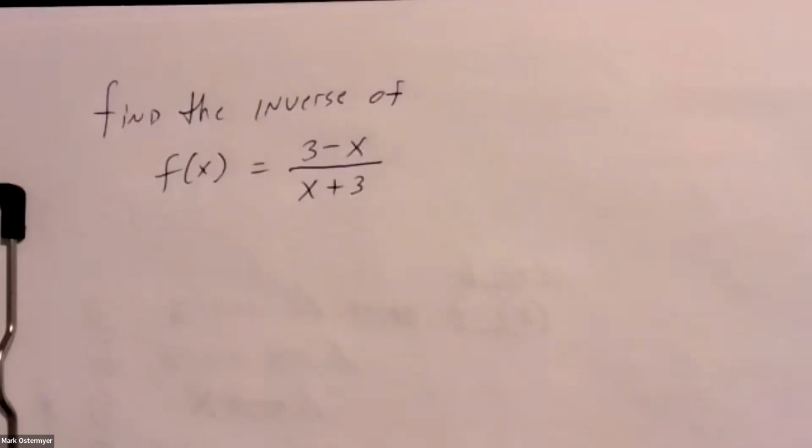Now this is a rational function, and if you were to graph this function quickly using your graphing calculator, you would discover that it would pass the what test? If it's one-to-one, it's got to pass the horizontal line test. Do you agree?